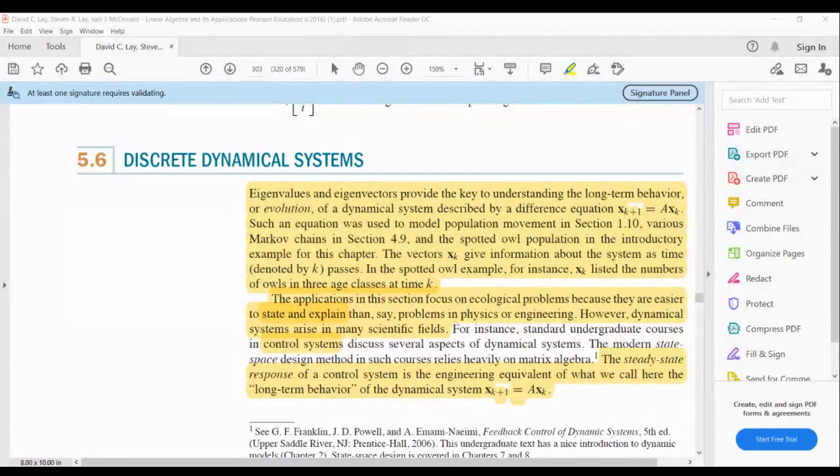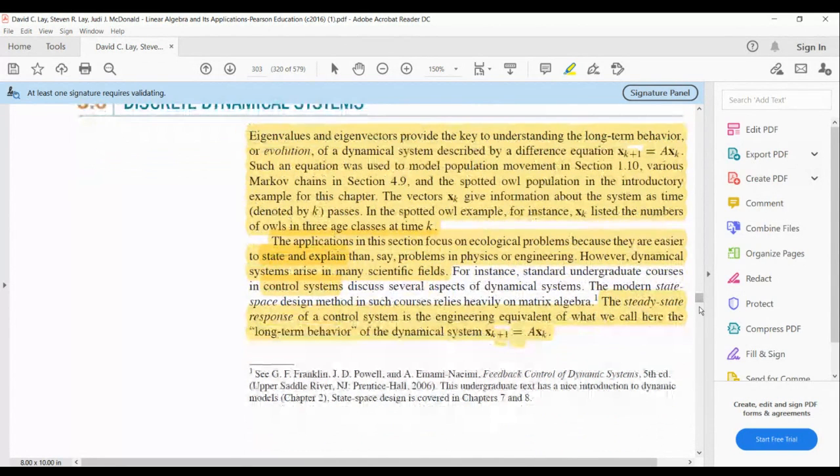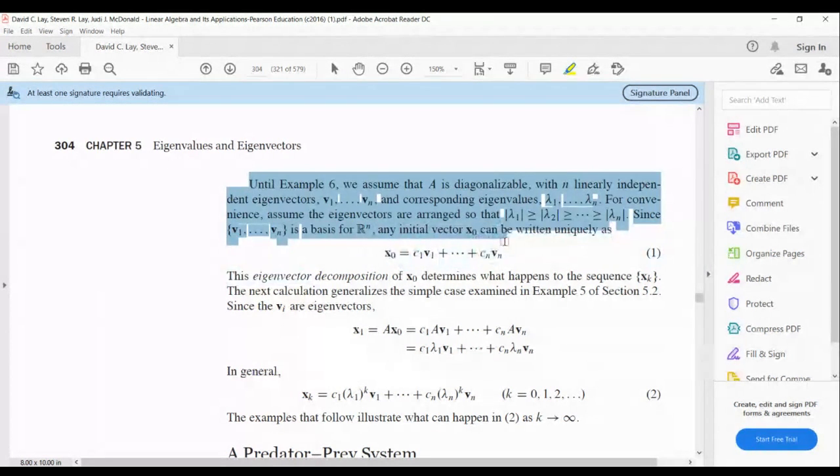So, all right. We move down a little bit here, and this is an important piece of information. I'm going to highlight this here.